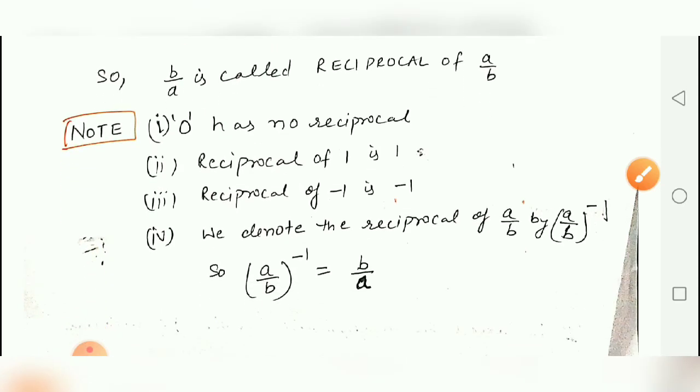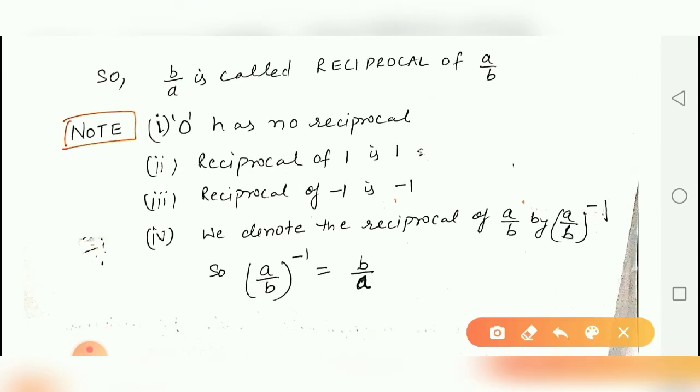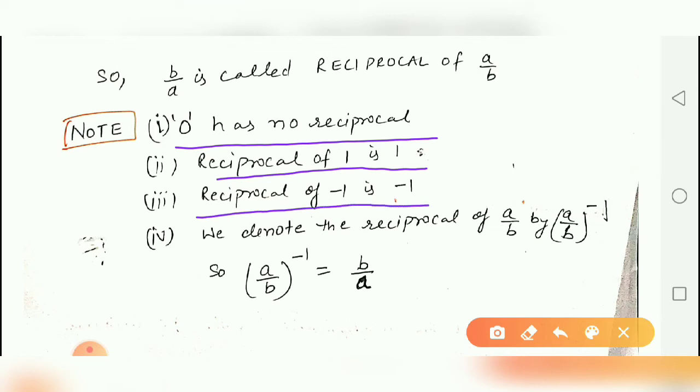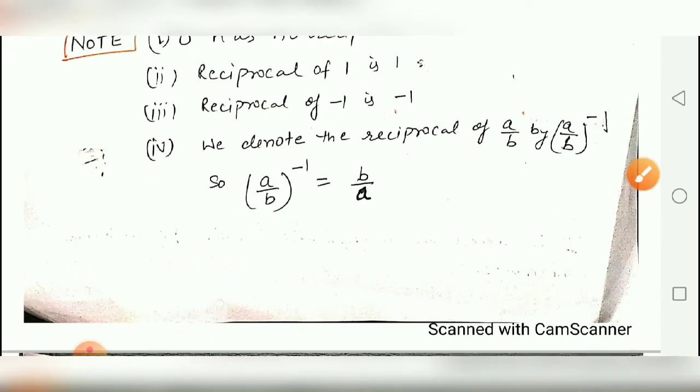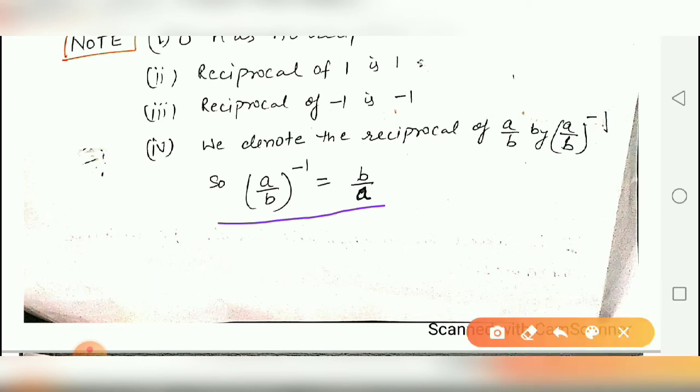Now some points we have to keep in mind. 0 has no reciprocal, because this reciprocal rule is applicable for only non-zero rational numbers, and reciprocal of 1 is always 1, and reciprocal of negative 1 is always negative 1, and we have another way of writing a reciprocal as this.